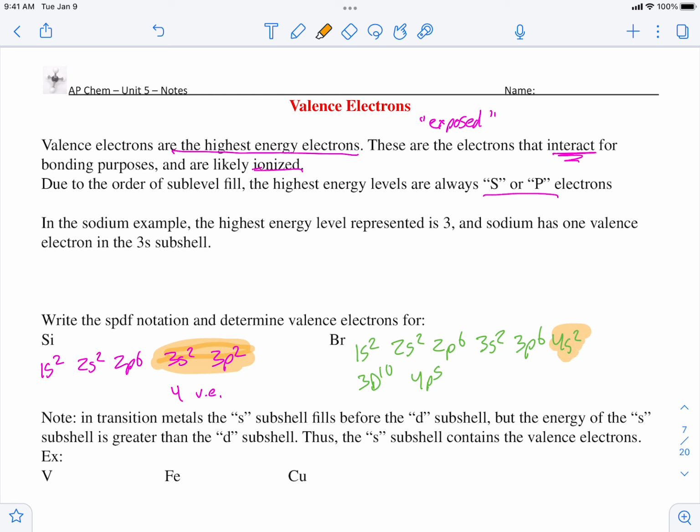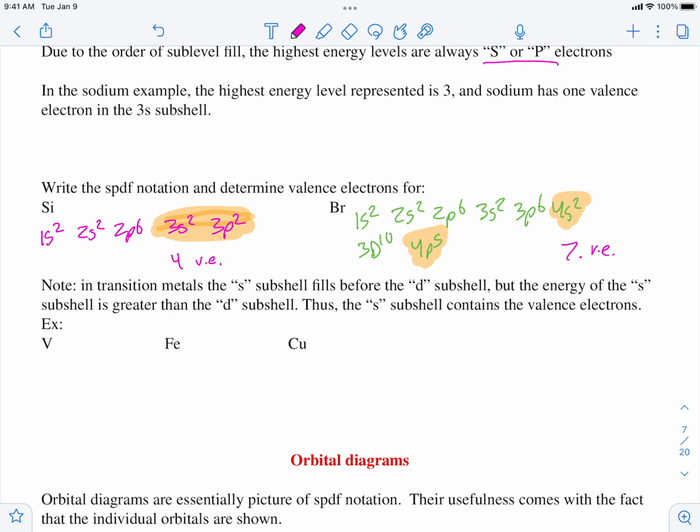Here and here. So your valence electrons can be the combination of s and p's, but your valence electrons will never be d's and they'll never be f's because those will never be the highest energy level number. So 7 valence electrons. Okay? The highest number.